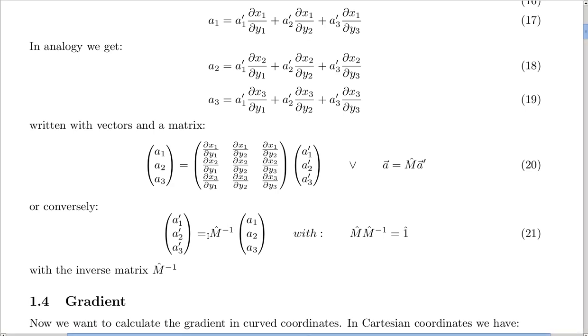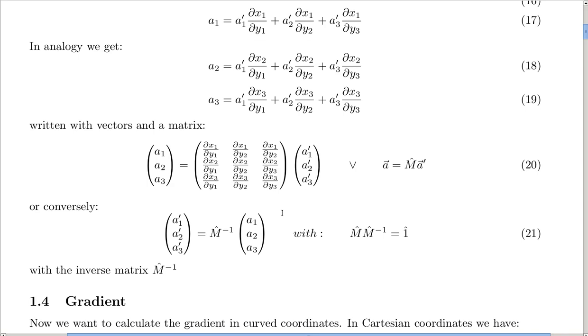The inverse transformation can be obtained by using the inverse transformation matrix, that is M minus 1. We can imagine we multiply equation 20 by M minus 1 from the left.